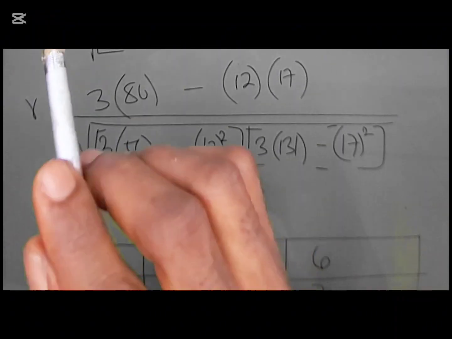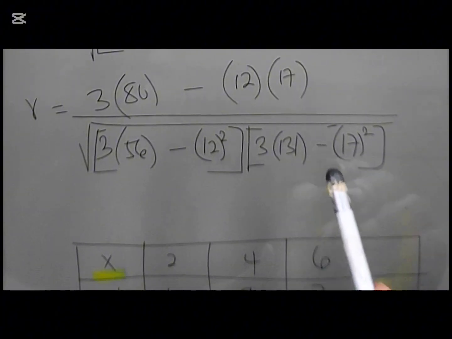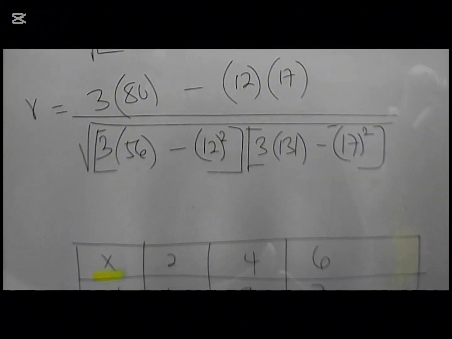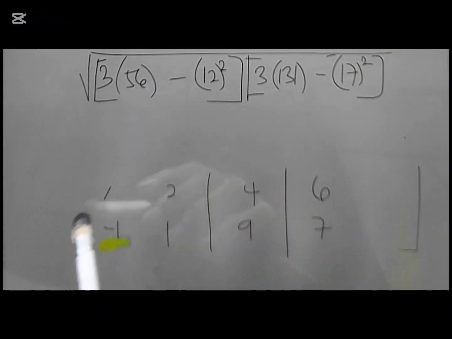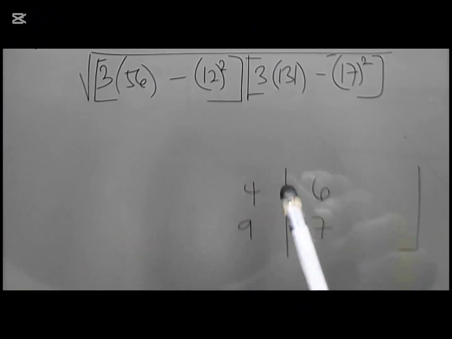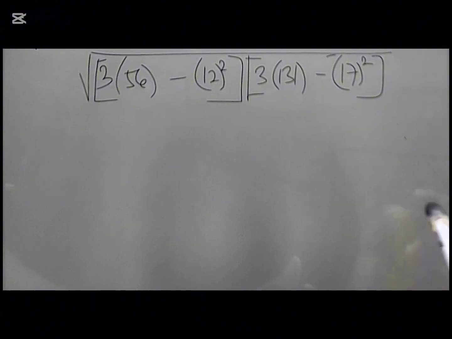Please take note. So the next thing we are going to do here is to evaluate. We have to be very, very careful. Now let's evaluate carefully. Evaluating here, I have to multiply.